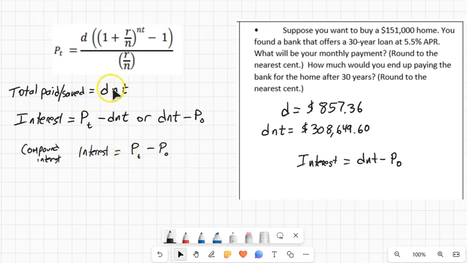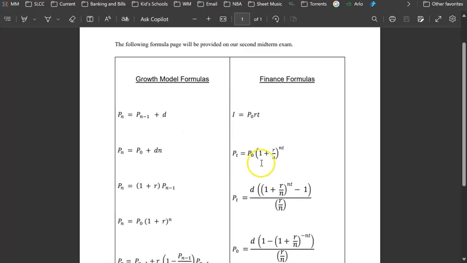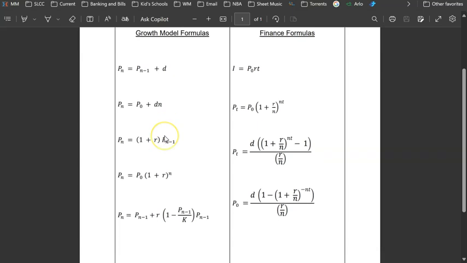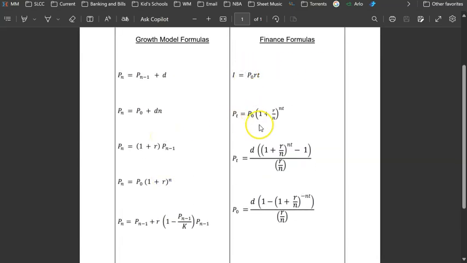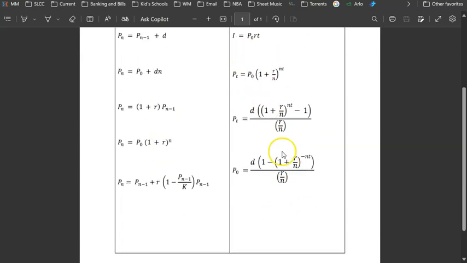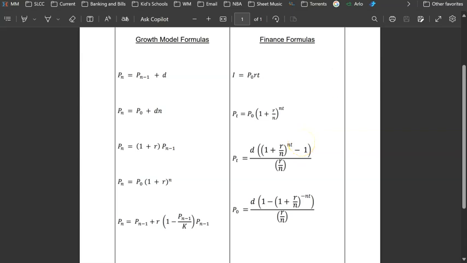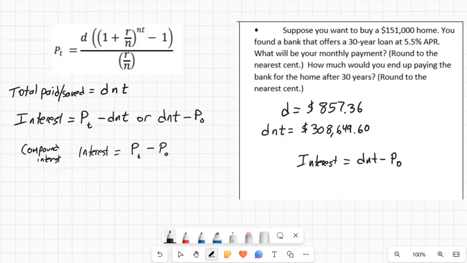Those are your three extra interest formulas and things you need to work out that are not on the formula sheet. Again, the formula sheet will be this, growth models on the left, and these are your finance formulas on the right. No interest or DNT involved. Know those well. All right, I hope this helps.